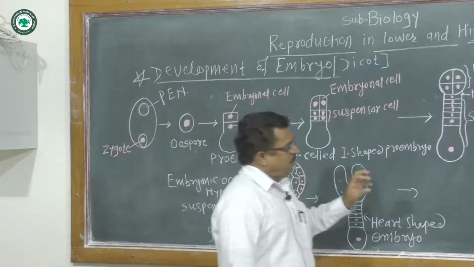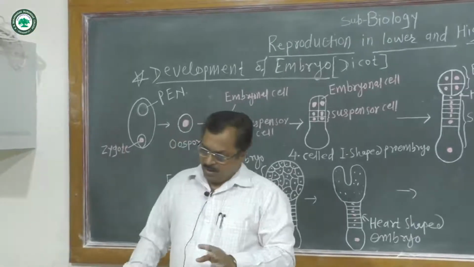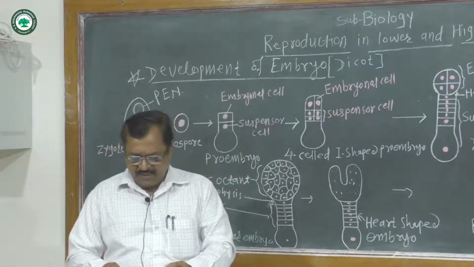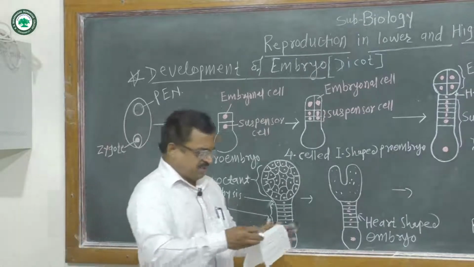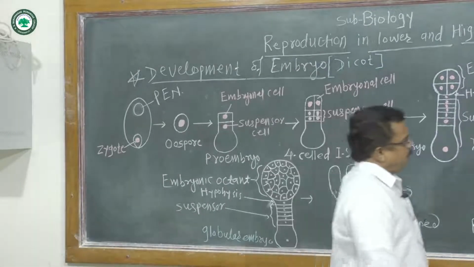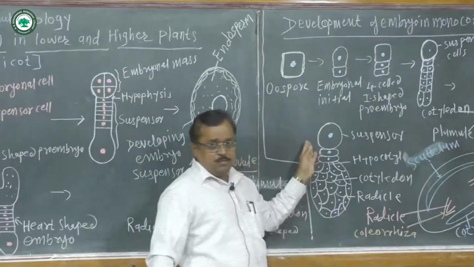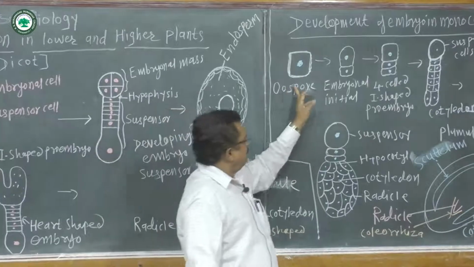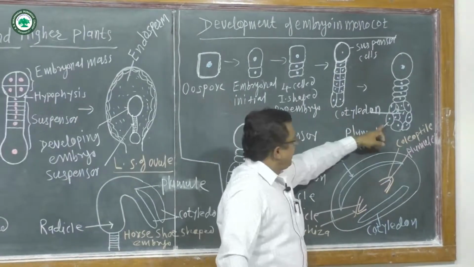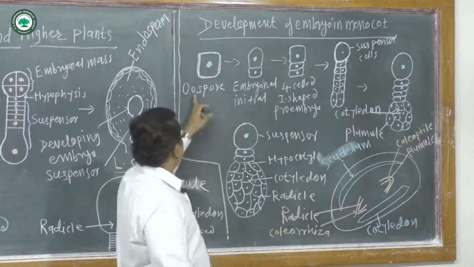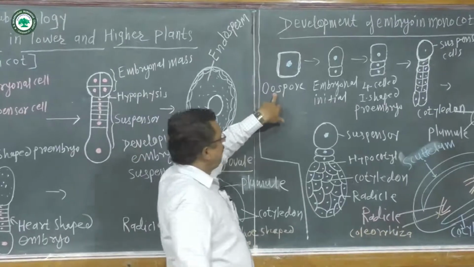The development of dicot and monocot is the same up to the octant stage; the difference appears later in monocot. Here is the development of the monocot embryo. After fertilization the egg is converted into oospore.